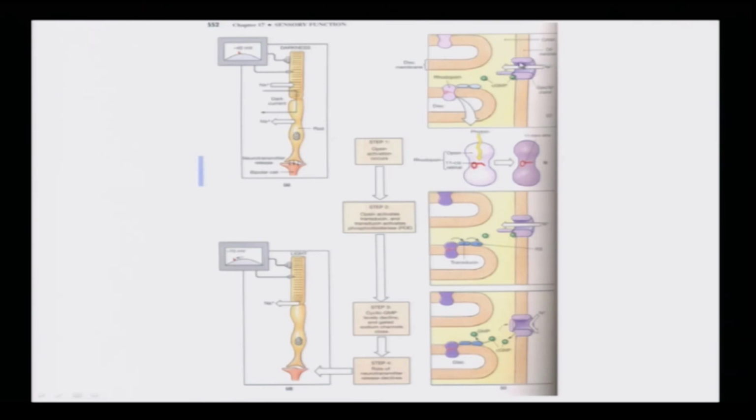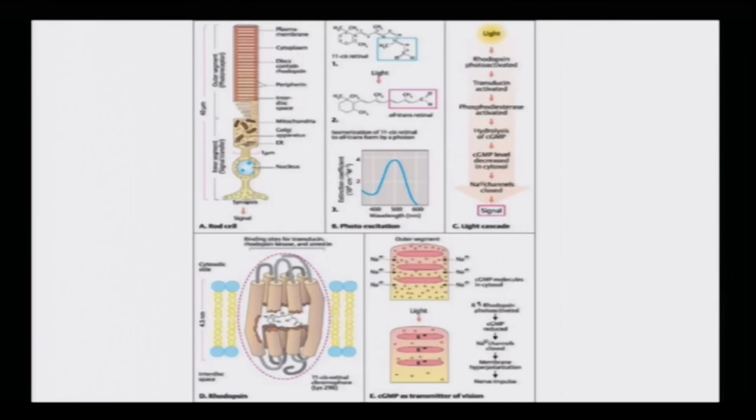Once the light falls, this cyclic GMP is removed from that binding site by phosphodiesterase, and this channel closes, and once this channel closes, the current flow through the sodium channel stops, and this is how the signal transduction within the eye takes place.